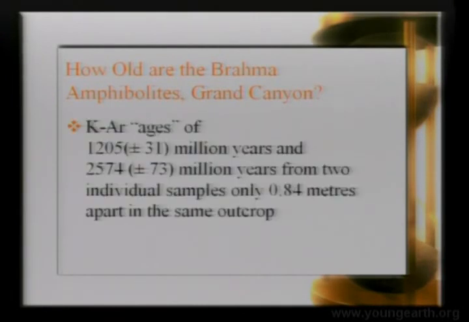So we also found that the potassium-argon individual sample ages, that is the model ages, varied widely. In fact, in one outcrop, two individual samples from the same original lava flow, only a little more than 2 feet apart, one gave an age of 1,205 million years, the other 2,574 million years.